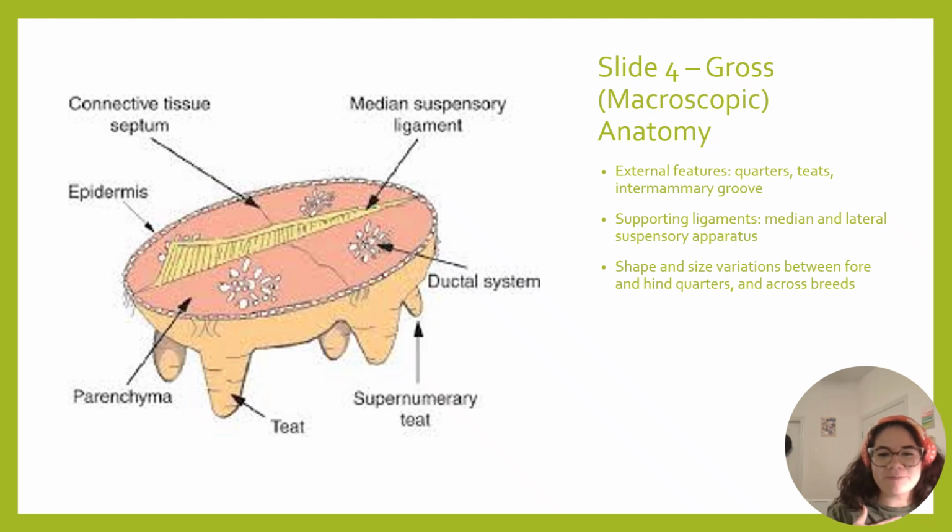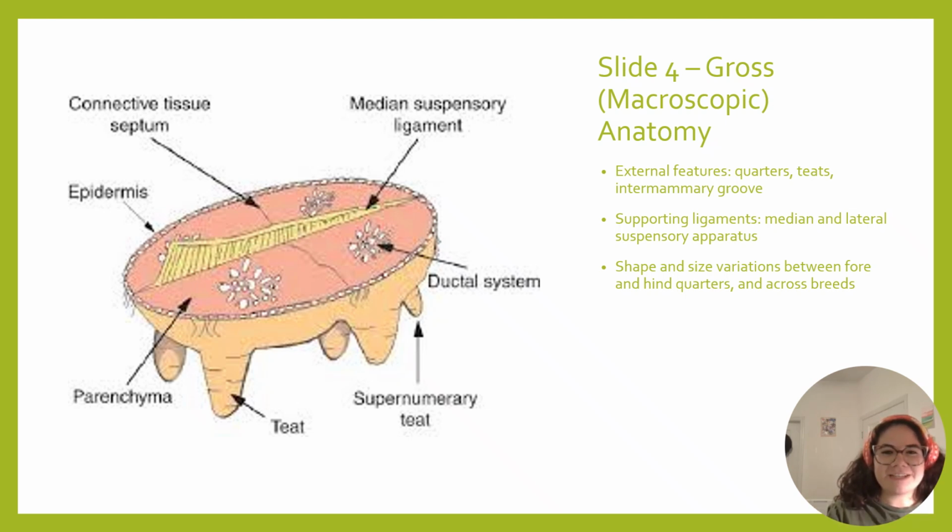And to talk about a little bit of the gross macroscopic anatomy, as I mentioned, the udder has its quarters and its teats. It also has the intermammary groove and the supporting ligaments, which are really important. I'm sure some people in class have seen the cows at the dairy farm, and they have those gigantic udders, and obviously they need some support.